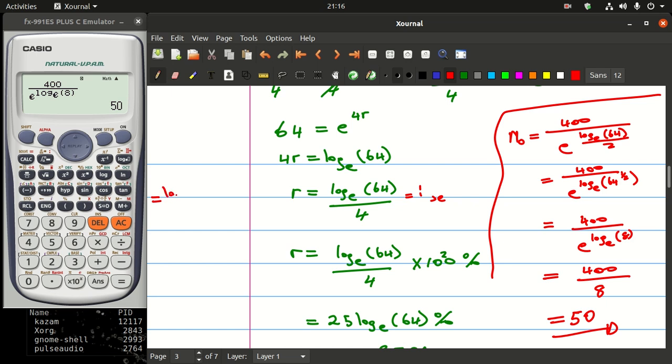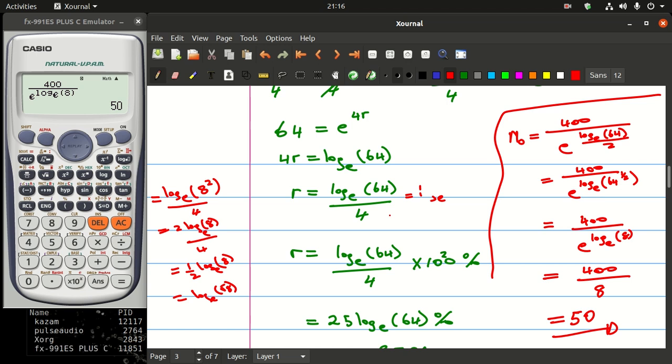We end up having log e, and then this is going to be 8 squared, this is 64, over a 4, and then I can bring that one down, and I will end up having 2 log base e of 8 all over a 4, and then I'll end up having 1 over 2 log e of 8, and then this is just going to be log e of the square root of 8. It's actually not helping anyone, this one, but you can have it.